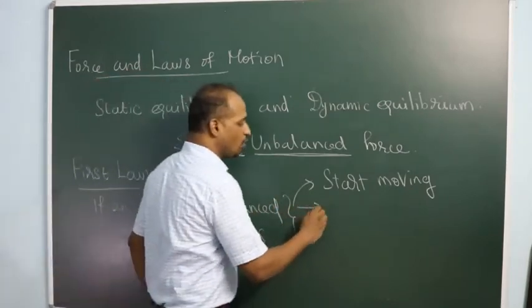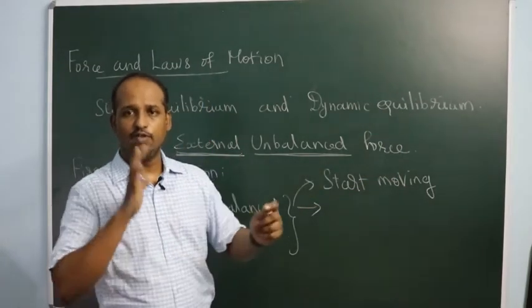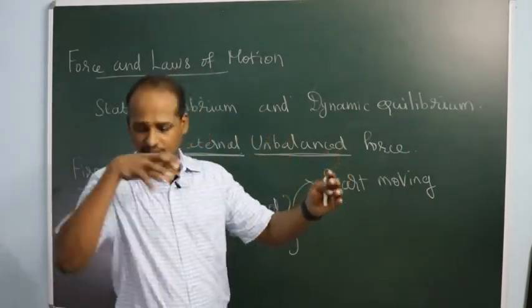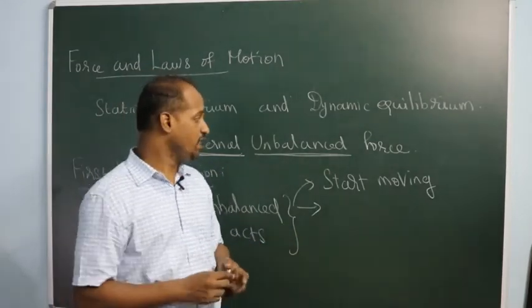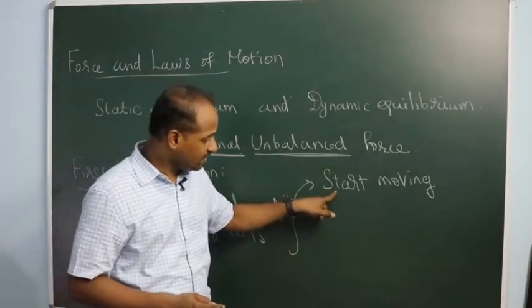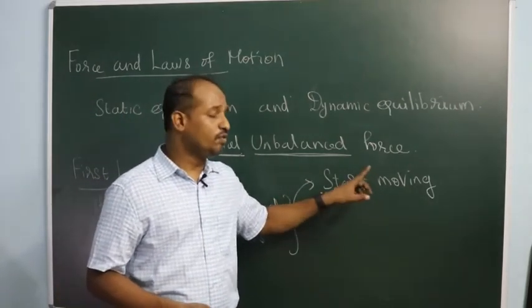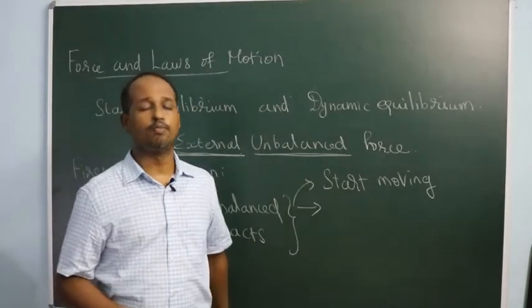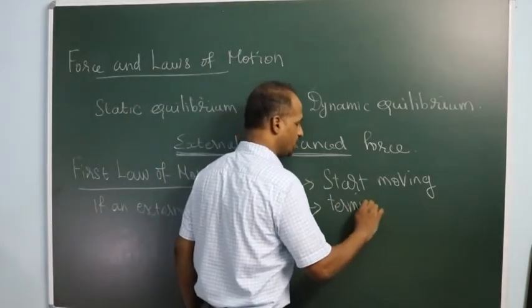If the object is already coming with some speed and the force acts, the speed slowly decreases to 0. So just like force can start the object to move, the force can also stop the object from moving. So it can terminate motion in an object.